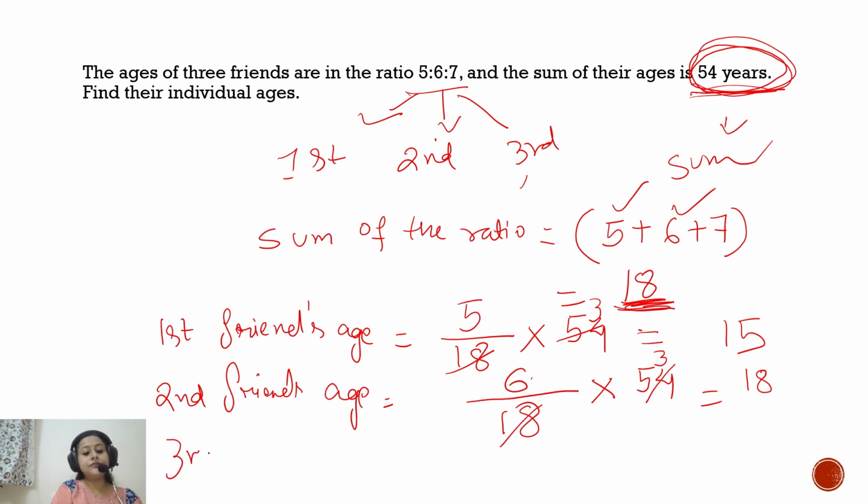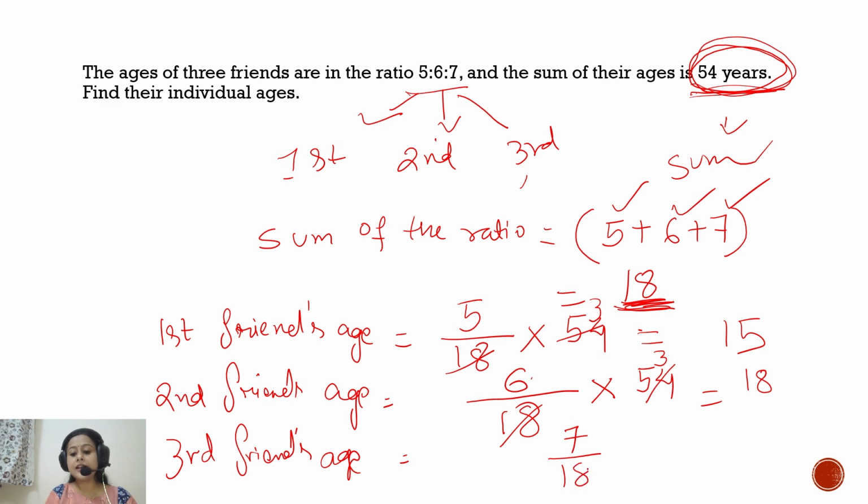Same, the third friend's age will be: the third term we have to consider, that is 7 by the sum of the ratio, 18, into 54, which will give us 7 into 3, 21. So now we have the individual ages, right? Given the ratio and the sum of their total age, we have the individual ages.